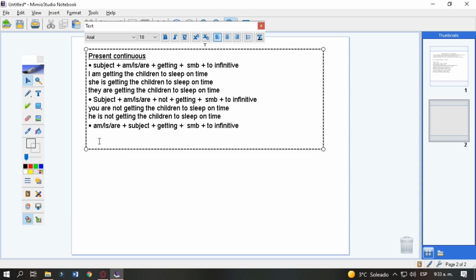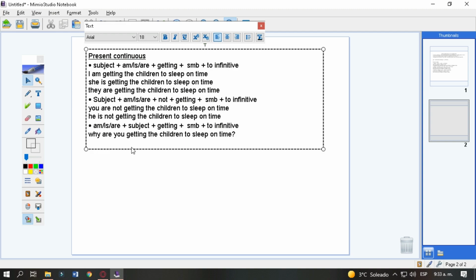If it is a WH question, we are going to add the WH word, then is or are, and the same structure. Are you getting the children to sleep on time?